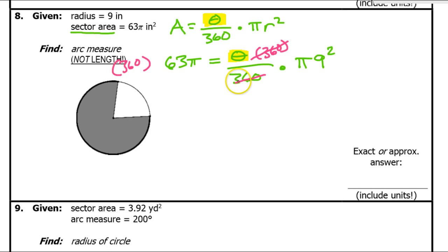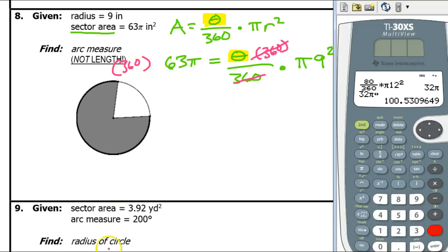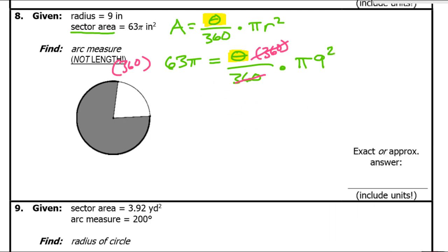That way, these 360s will cancel each other out. Now I'm going to figure out what 360 times 63 is. All right, 22,680. And don't forget the pi.